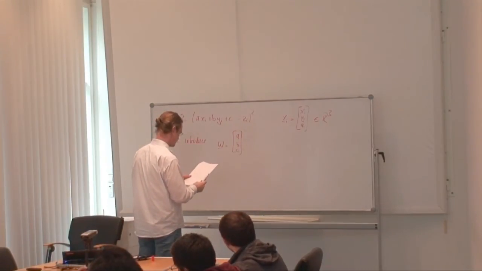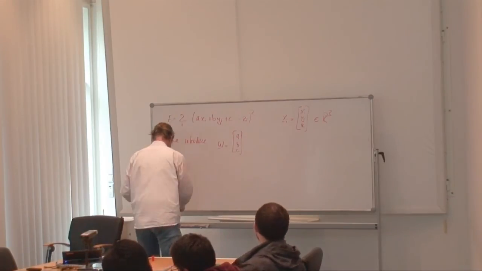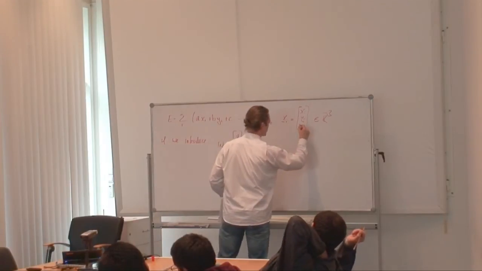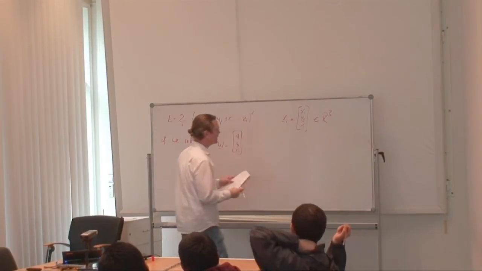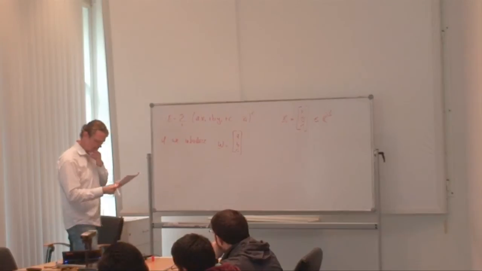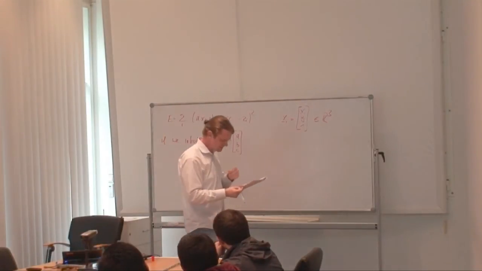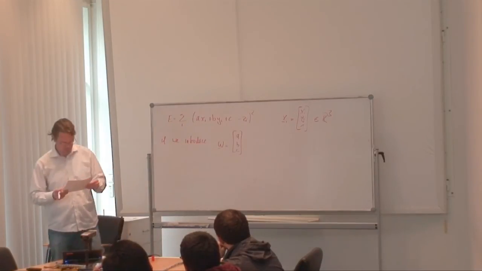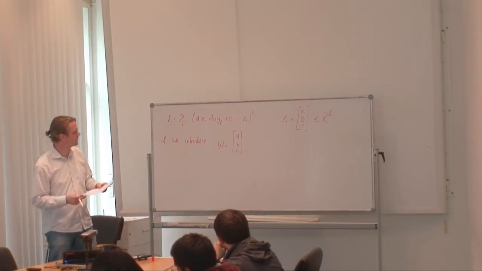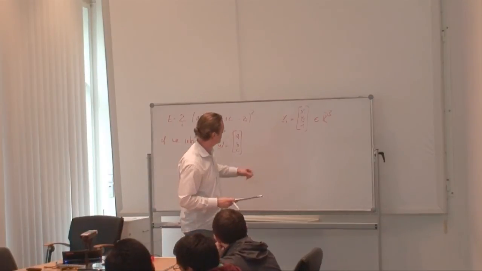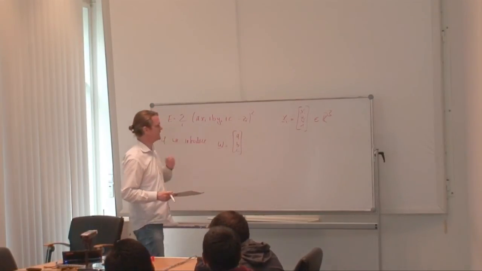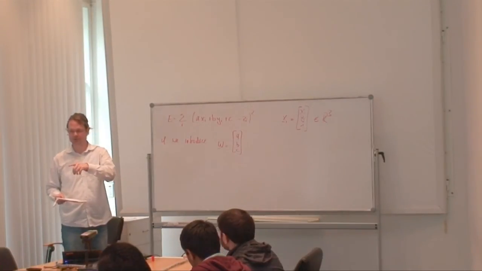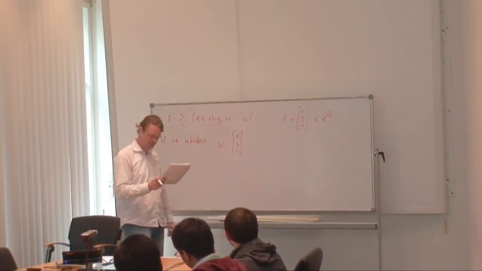Oh, wait. I realized that there was a notational mistake on the previous whiteboard. It should not have been a zi, but a 1 here. So please correct that. This is embarrassing.